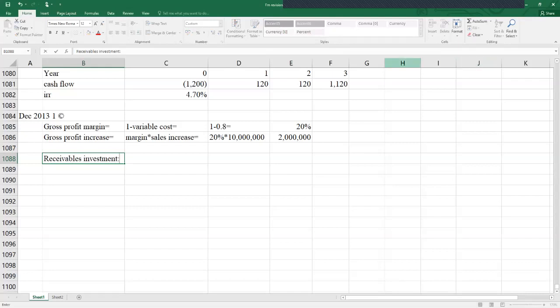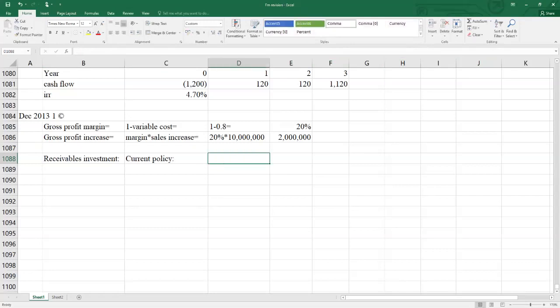Let's call this the current policy or current position, whatever you want to call it. In the current policy, the number of days you give the customer, we've been told it's an average of 30 days. So 30 out of the number of days in a year, that is 360, we multiply by the current credit sales.